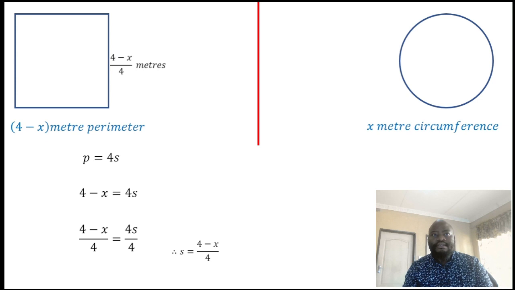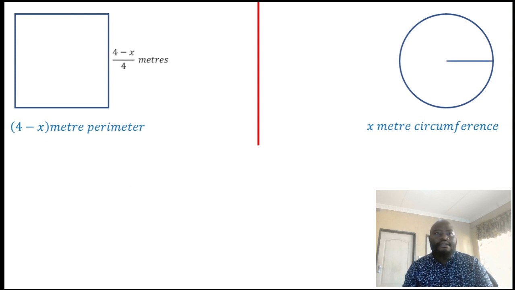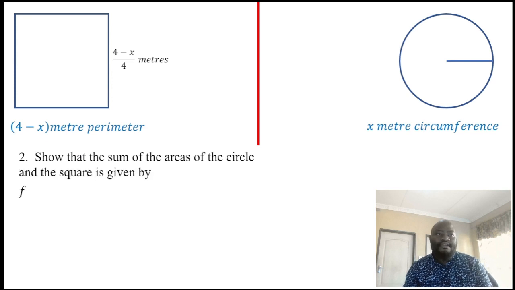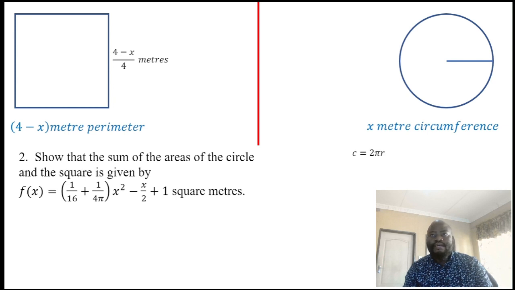Next question says show that the sum of the areas of the circle and the square is given by that function there. So this is what we will do. We know that the circumference of the circle's formula is 2 pi r.